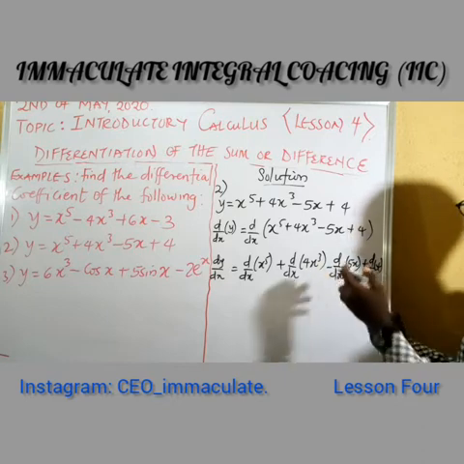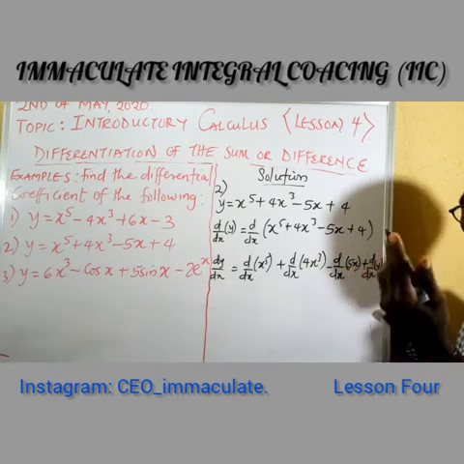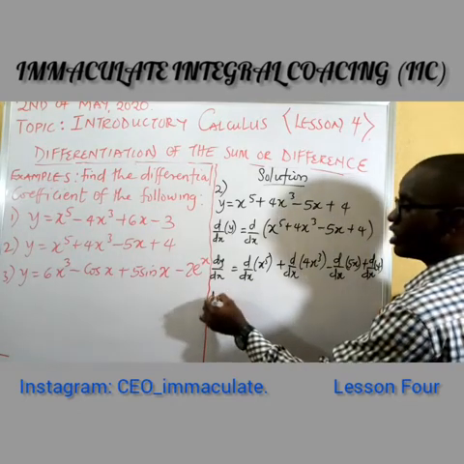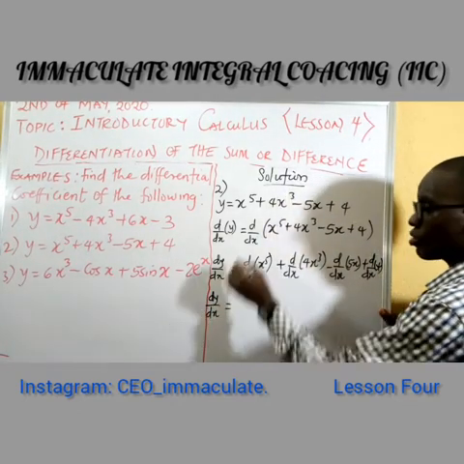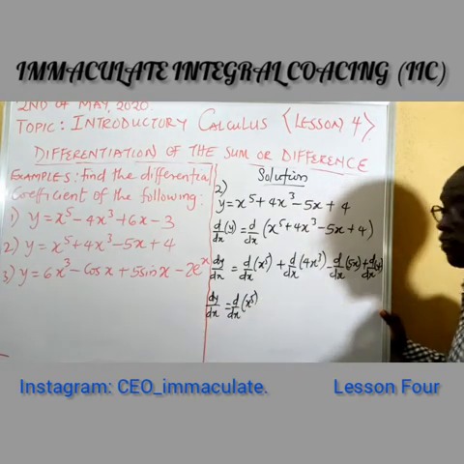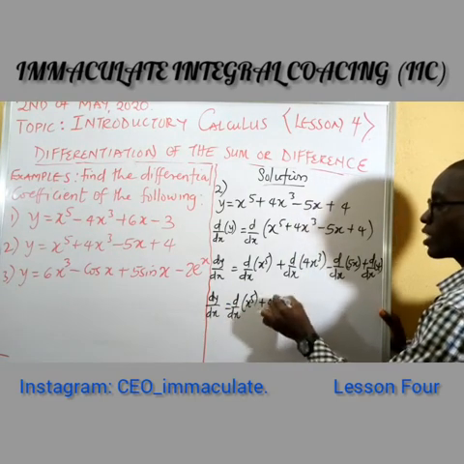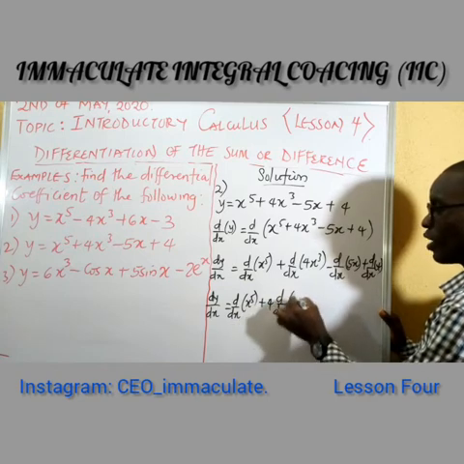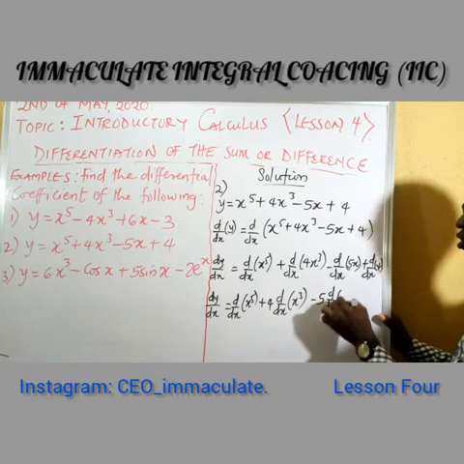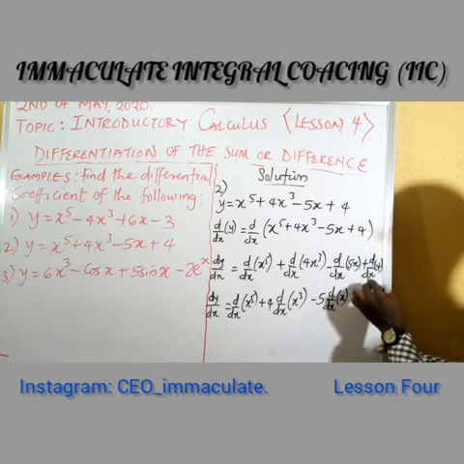Let's bring out our constants the way we carried it out in example 1. So dy/dx equals d/dx of x to the power 5 plus 4 d/dx of x to the power 3 minus 5 d/dx of x plus d/dx of 4.